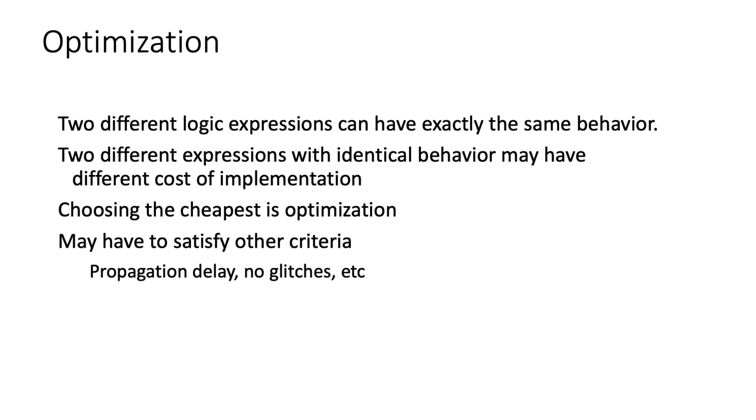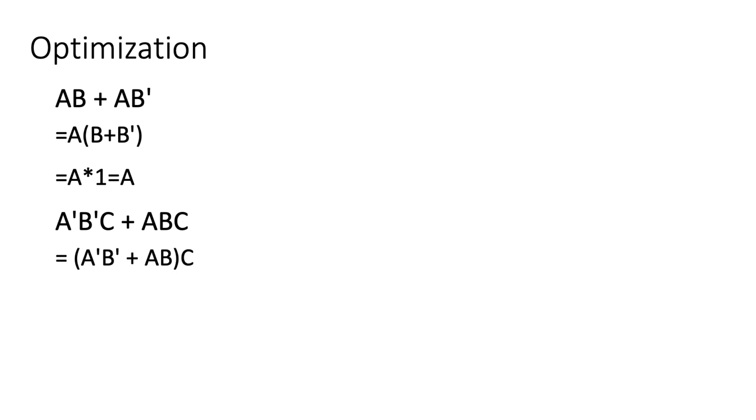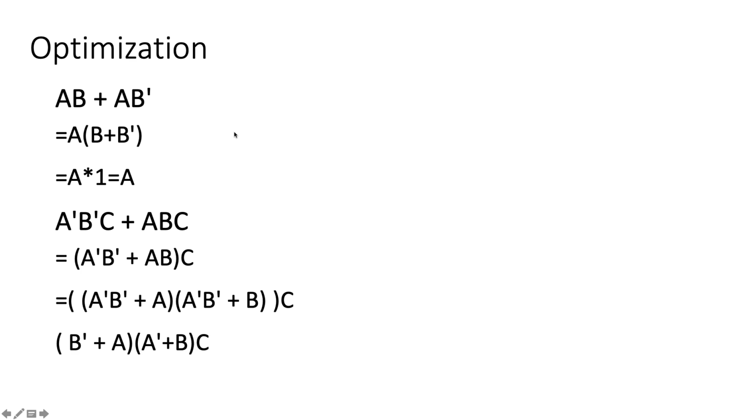We normally want the one that has the lowest cost. And that's the concept of optimization. In this example, you see both of them give you the same output, but one of them will cost more.